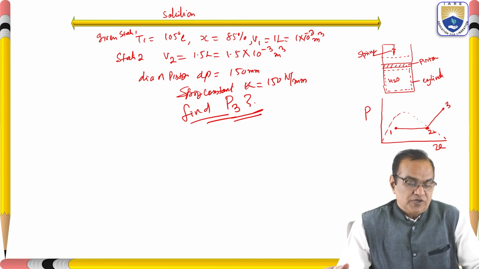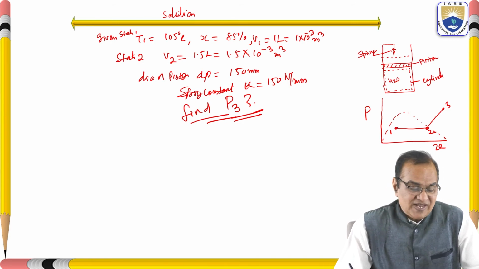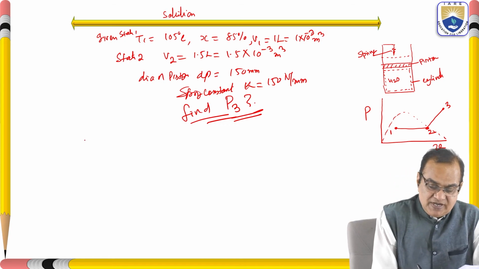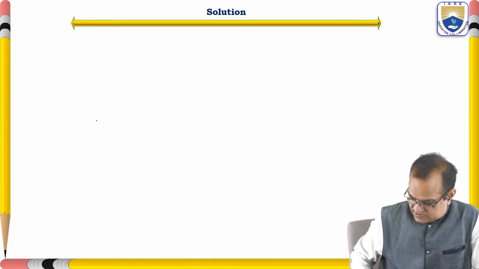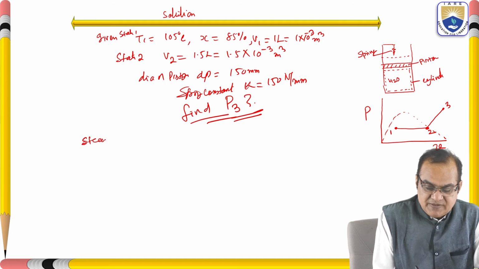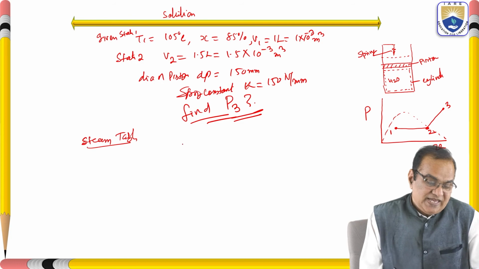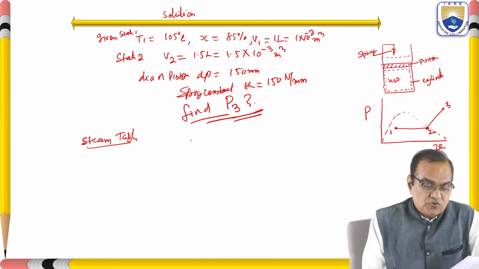State 1 is in the two-phase region, and the pressure at 105 degrees centigrade temperature is needed. So from the steam table, we have to use the steam table at state 1 to 2.